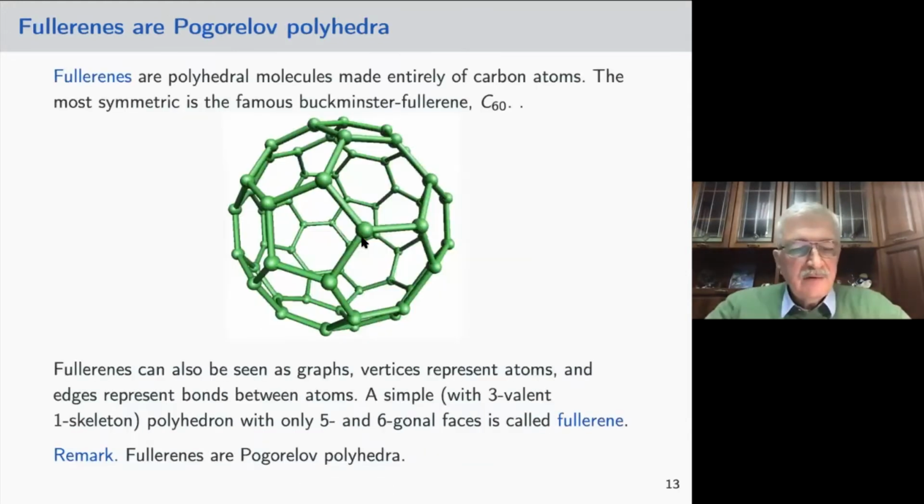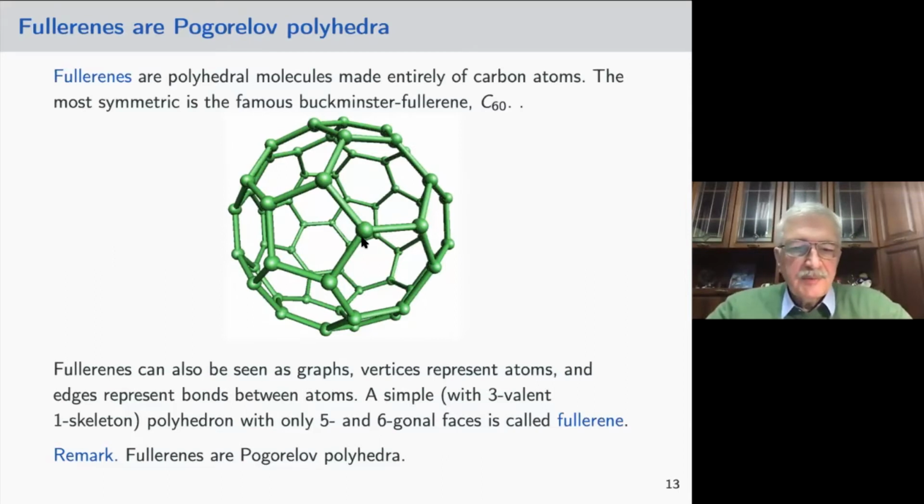And a large class of examples are fullerenes. I would like to discuss fullerenes a little bit later, so I give you some reminding about it. A fullerene is just a polyhedral molecule made from carbon atoms, and the edges correspond to bonds.